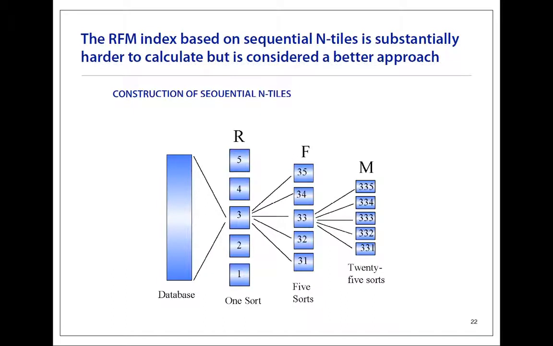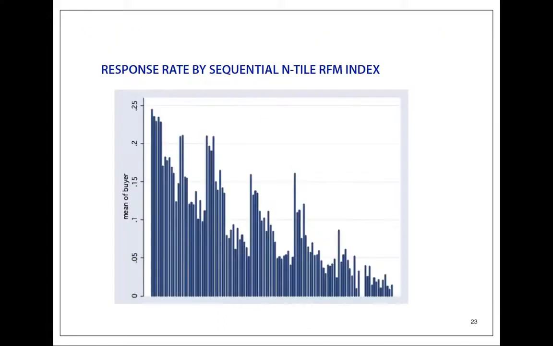The first person belongs to RF group 11, the second person belongs to RF group 55, so the monetary rankings are within groups. We cannot compare the 5 and the 1. So this is the sequential approach. And there is a third method.